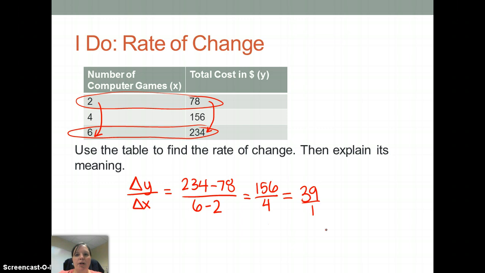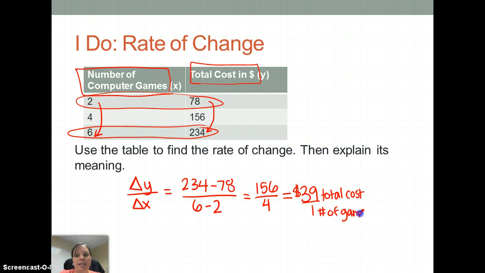So the second part of this is to explain what this actually means. In terms of what it means, we need to look at the units. So we need to pay attention to what the Y units mean and what the X units mean. So the Y units here mean $39 is the total cost, and the 1 relates to the number of games.